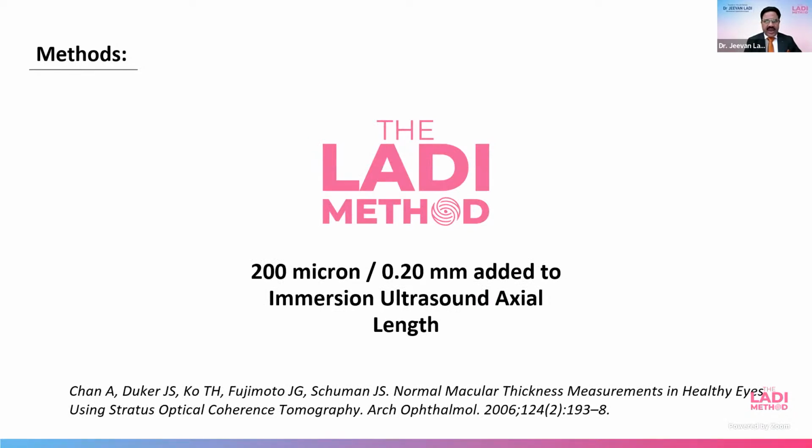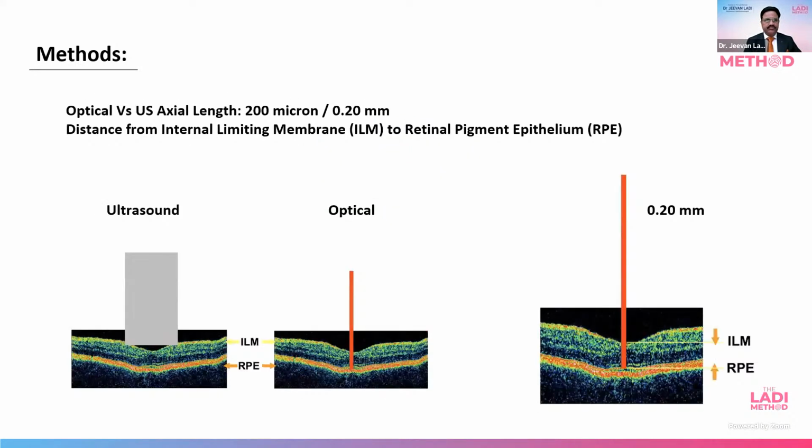Lady method: once you have immersion readings in your hand of axial length, add 200 micron or 0.20 millimeter to the immersion ultrasound axial length readings. Why is that?